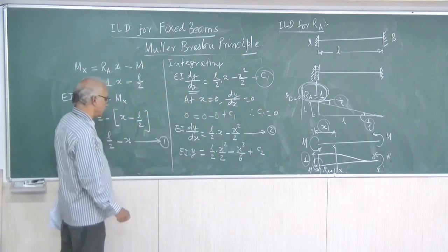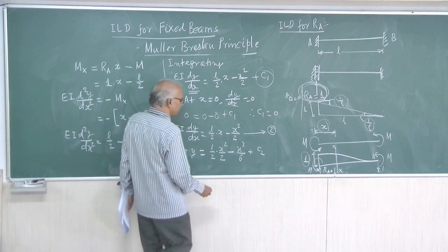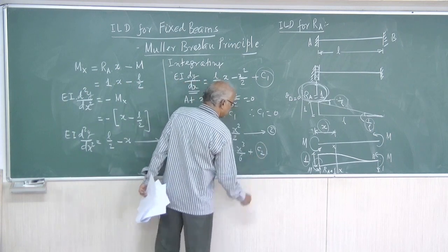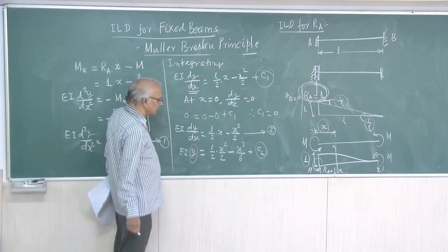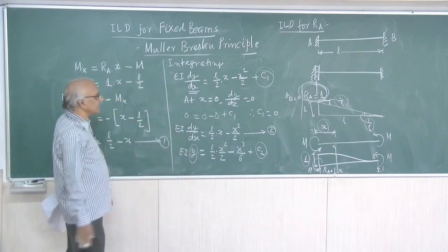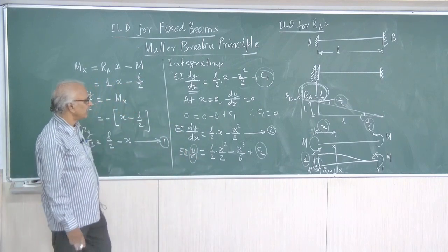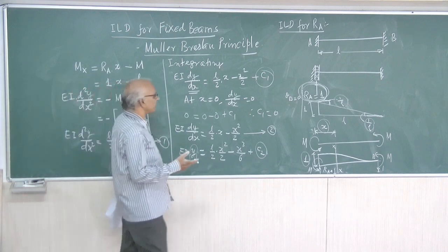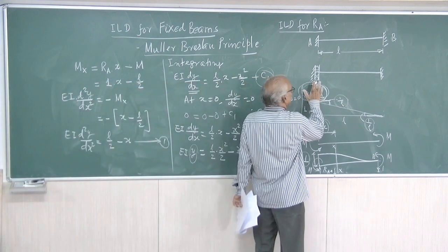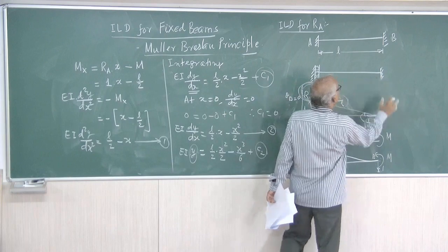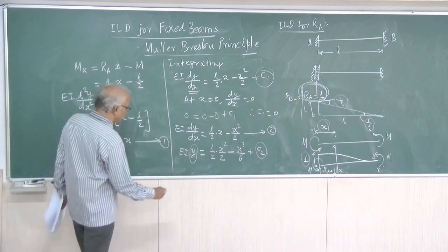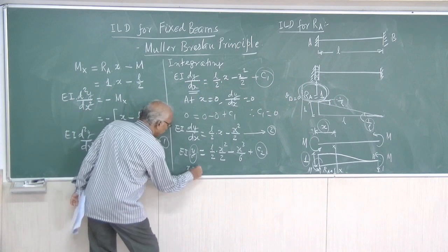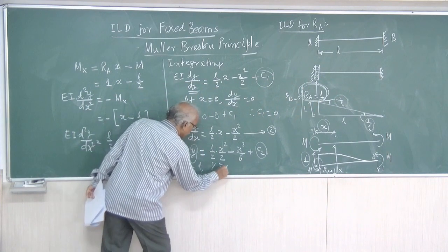Now, you have to find the value of C2. For getting the value of C2, you must know the value of y somewhere. In this problem, the right hand side is a fixed end, and on the left hand side we have placed vertical rollers, therefore y is not equal to 0 there, but here y equals 0. At x equals L, y equals 0.